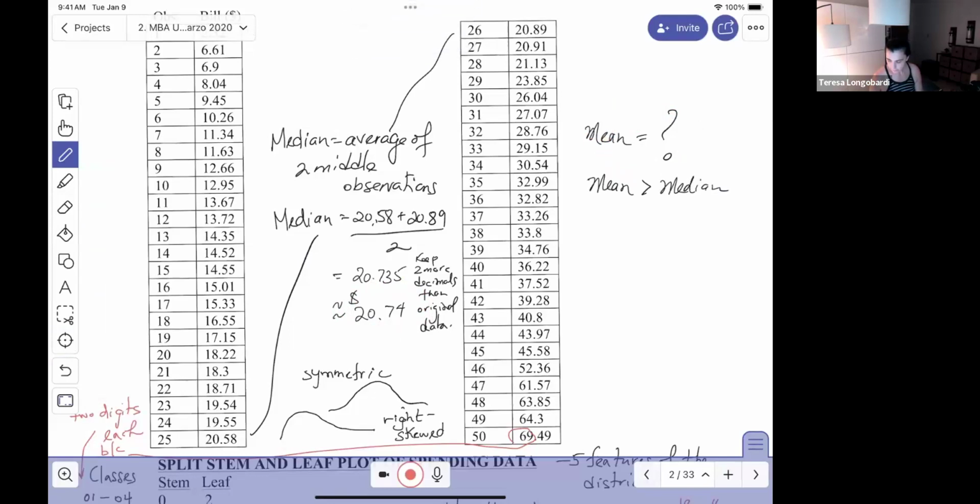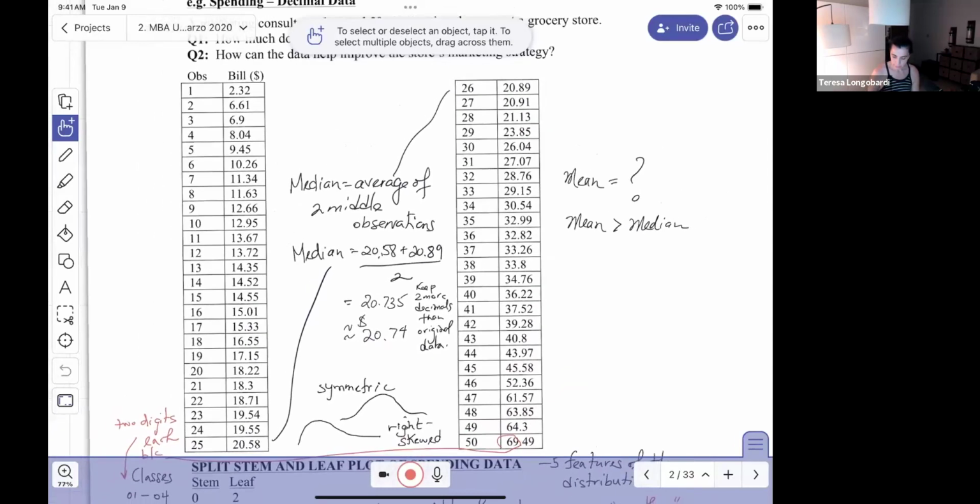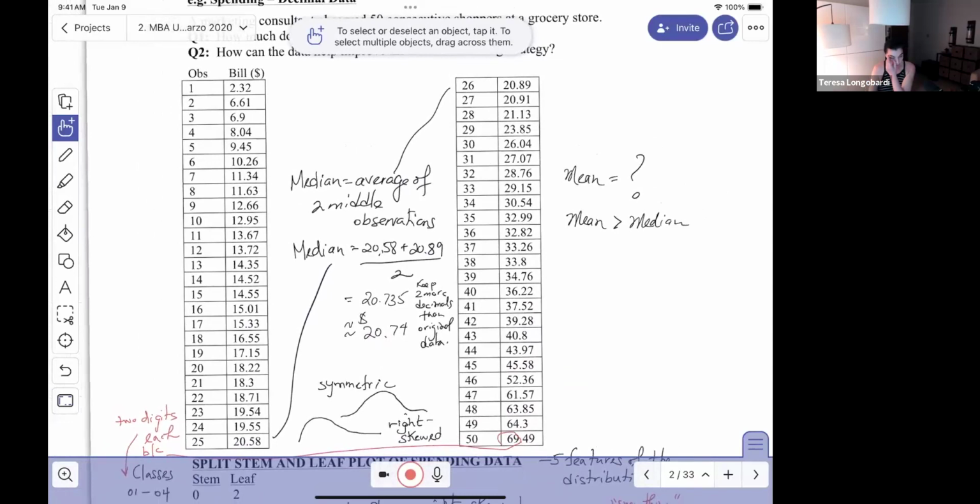Do you know why? Because for the mean, I would have to add all these together and divide by 50. When I do that, these higher numbers get averaged in, and the mean will be much, much higher. It's a lot to punch in. We're going to do the mean on another problem, not this one.